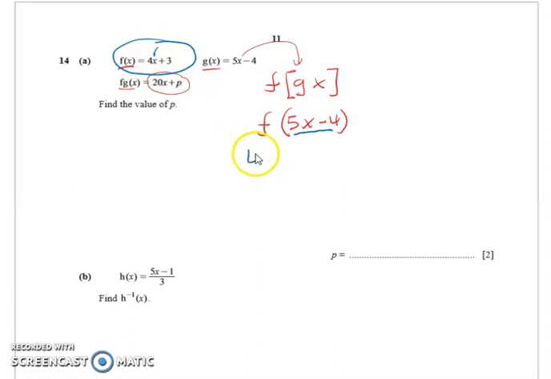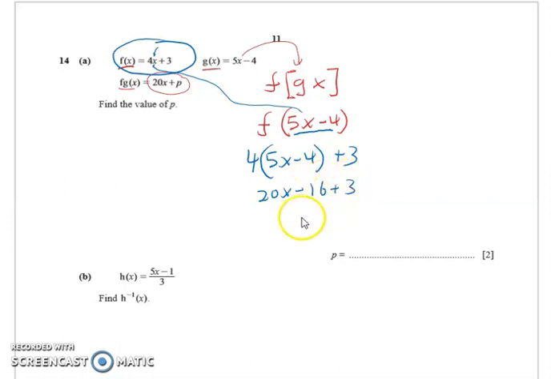So it becomes 4 times 5x minus 4, we put a bracket here, plus 3, and we expand: 20x minus 16 plus 3 is 20x minus 13.